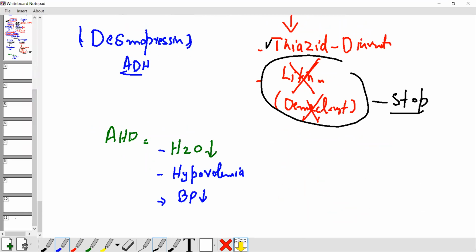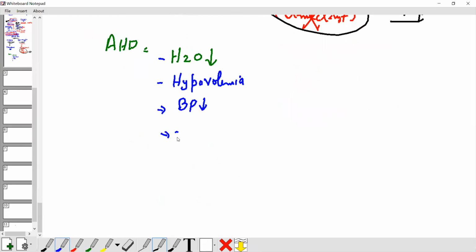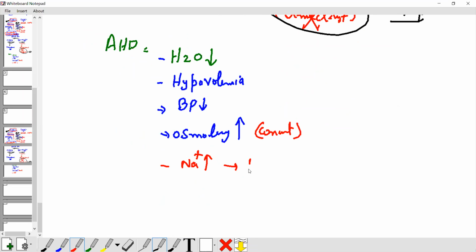Next, what happens with osmolarity? Because you're losing water, your body fluid becomes concentrated. And what happens with the sodium? Because you're losing water, sodium relative to water becomes high. So here is your hypernatremia.